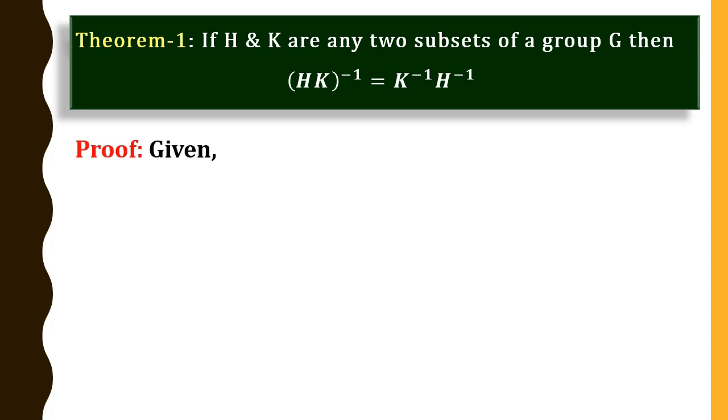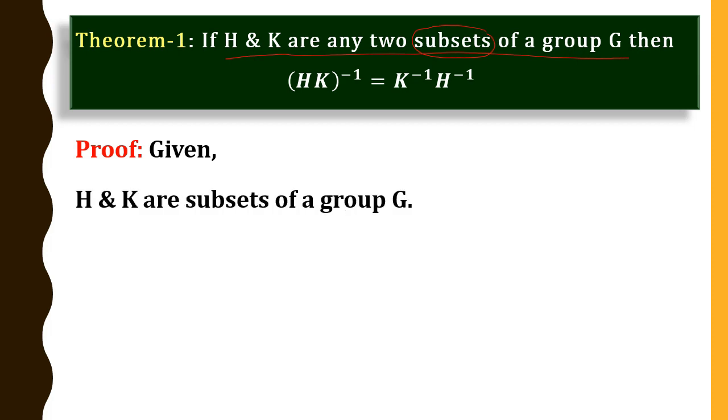Observe carefully what is given in the statement: H and K are any two subsets of a group G. Any two subsets, so in the statement we don't have subgroups. Our aim is to prove that (HK) whole inverse is equal to K inverse H inverse.